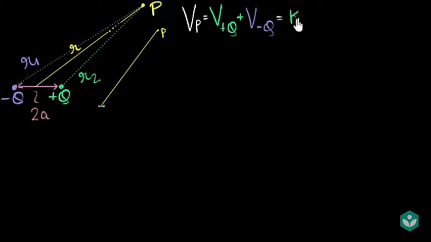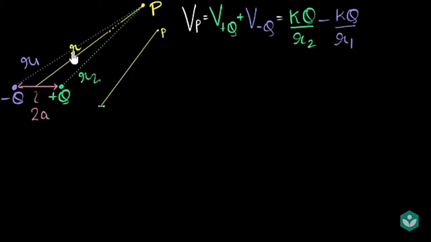Substituting, due to plus q it's going to be kq divided by r2, and due to the negative q you will have minus kq, the minus sign comes from the negative charge, divided by r1, and we are done.